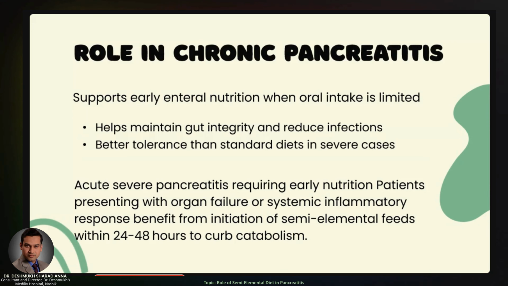Initially it was thought that delaying enteral nutrition in acute pancreatitis patients is beneficial, but later on it has been found that early enteral nutrition, even by putting a nasojejunal feed, can be started. By that, the SIRS, systemic inflammatory response, will reduce and the gut integrity will improve, so translocation of bacteria will reduce, and there is overall improvement. The patient will maintain nutrition and the risk of infection will reduce.